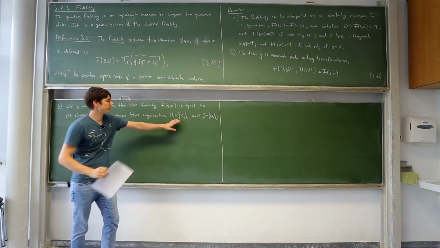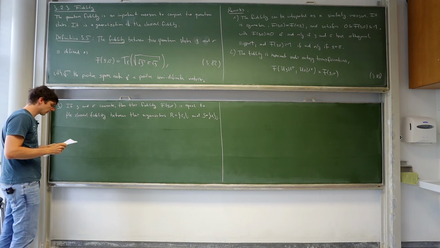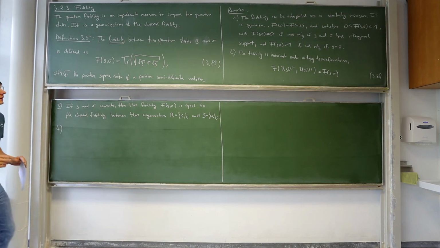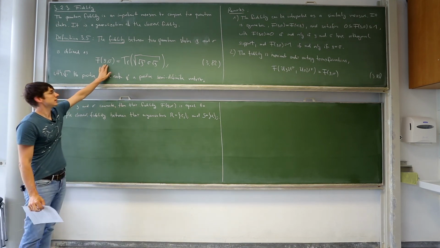Okay, where these are the eigenvalues of rho and these the eigenvalues of sigma. And then, let me now state what happens if one of these states is pure.